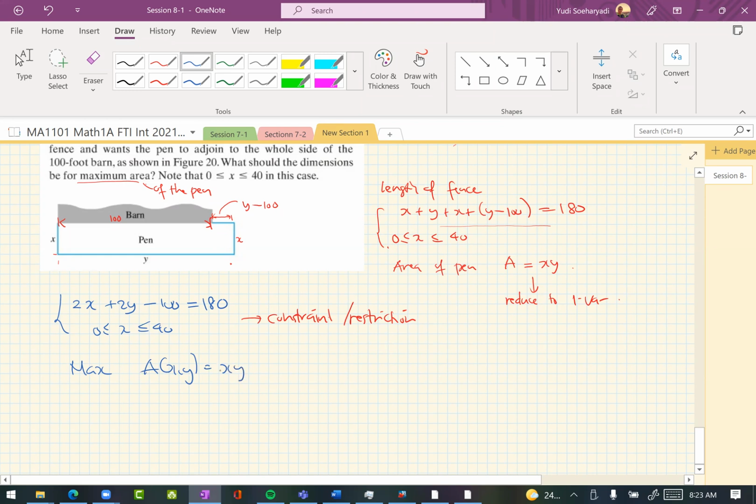Okay, so reduce it to one variable. So X times, let's see, Y is 180 plus 100, so 200. So from here, Y equals 280 minus 2X over 2.